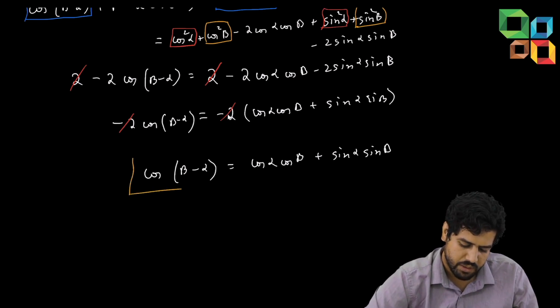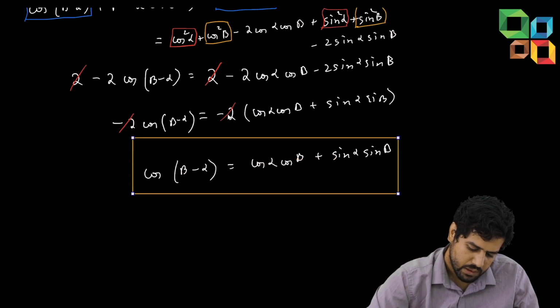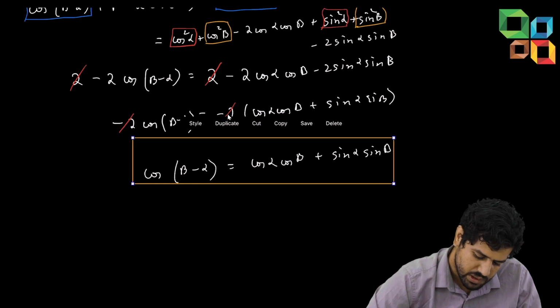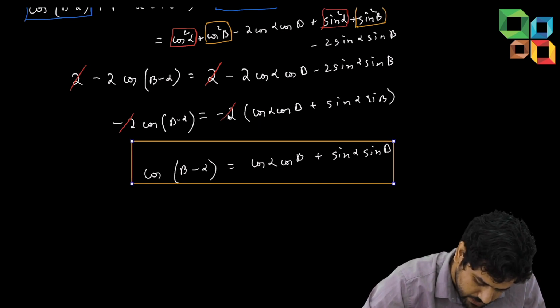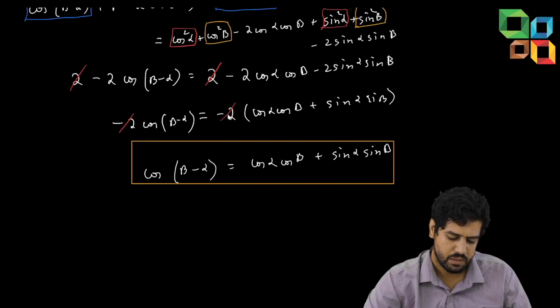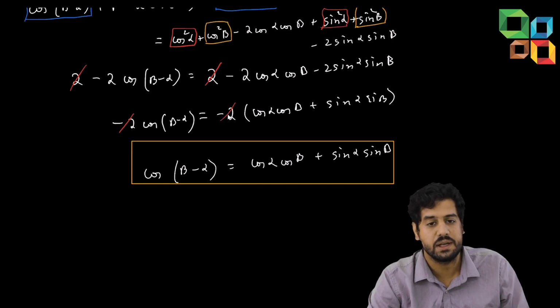So this is a very important identity which we have just derived. This is our first identity.